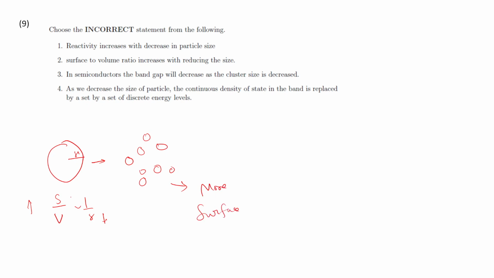As r decreases, S by V, the surface to volume ratio, is actually increasing. Since it is increasing, there is more surface area, and for a reaction to happen, the reactants need to see each other, and since there is more surface now, the reactants can see the interface through this surface area.